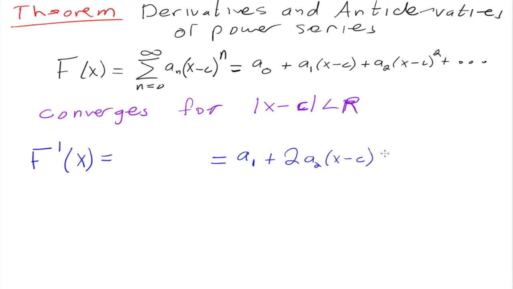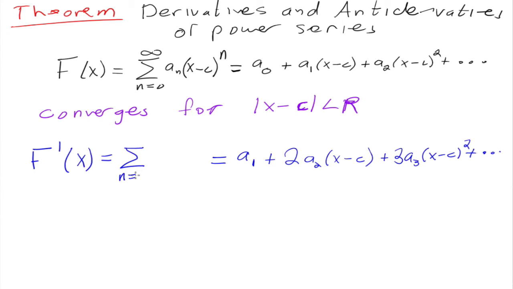Plus, what's the next one? It's not written there, but just for fun, 3 times a sub 3, 3a sub 3 times x minus c squared, plus dot dot dot. Okay, so I'm going to write this as a sum.